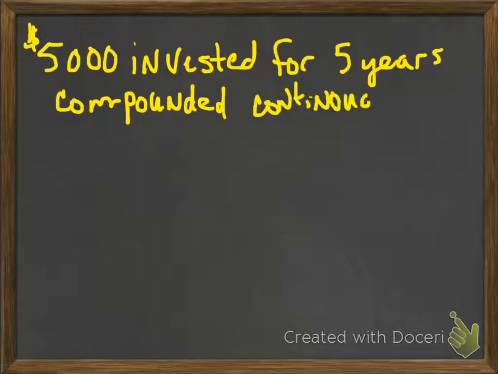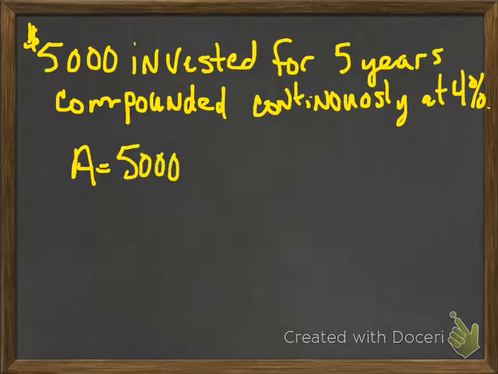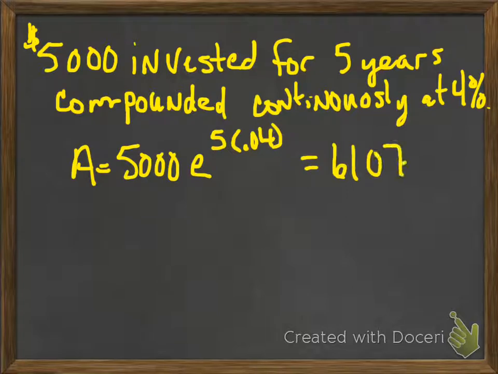All you're doing is plugging it in: 5,000 times e raised to the 5 times 0.04 power. Plug that into the calculator and you get $6,107.01.